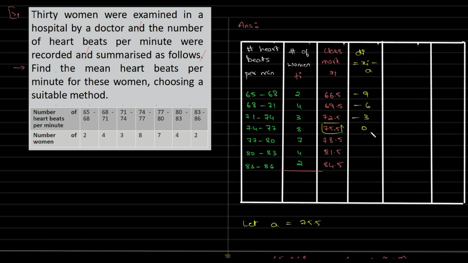So plus 3, plus 3, plus 3, plus 3, plus 3, and plus 3. We can go one step ahead and divide by 3. That is, we can find ui, which happens to be di by h. So minus 3, minus 2, right? These numbers are much easier than these.